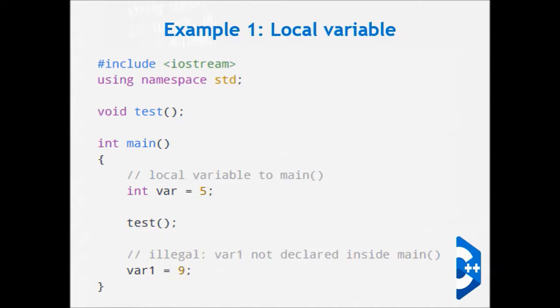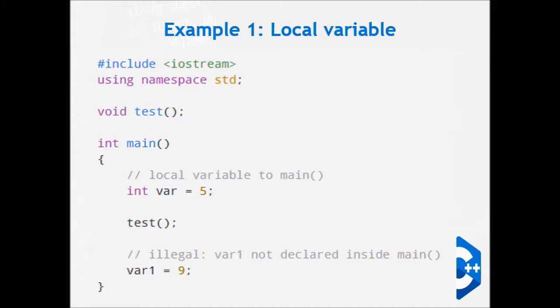Let's have an example for the local variable. In this example, we start our program, and first of all, we declare a function with the data type void and with no arguments, void test. Then we start our main function. In our main function, we declared a variable int var is equal to 5.